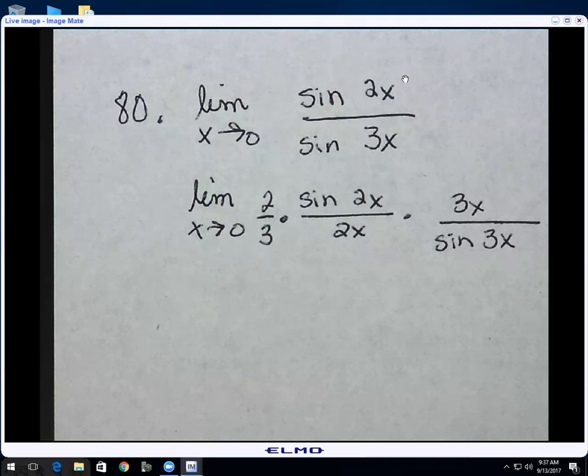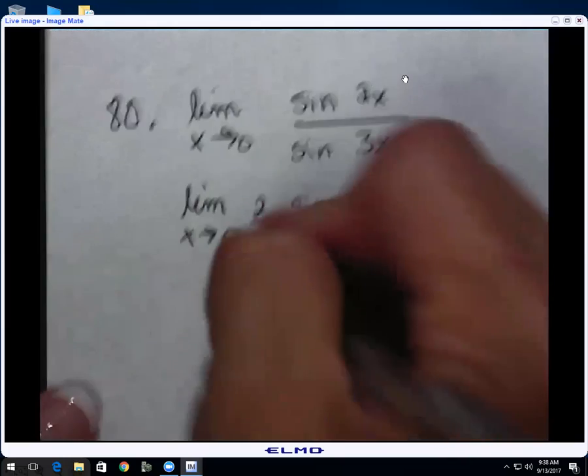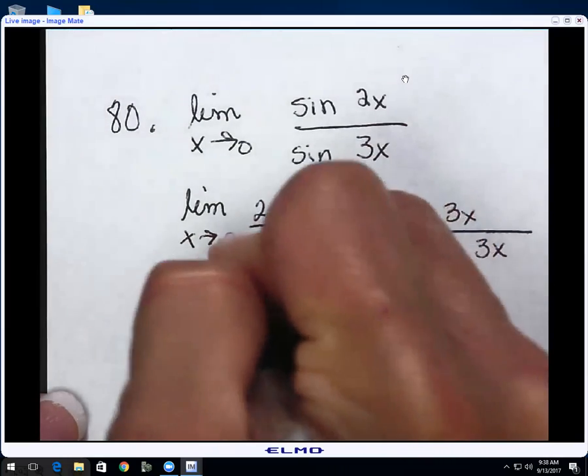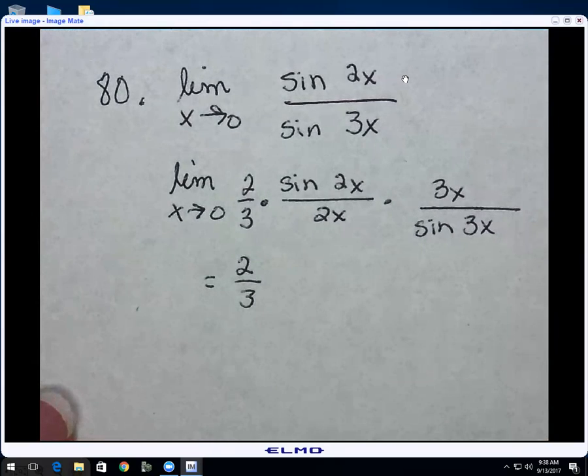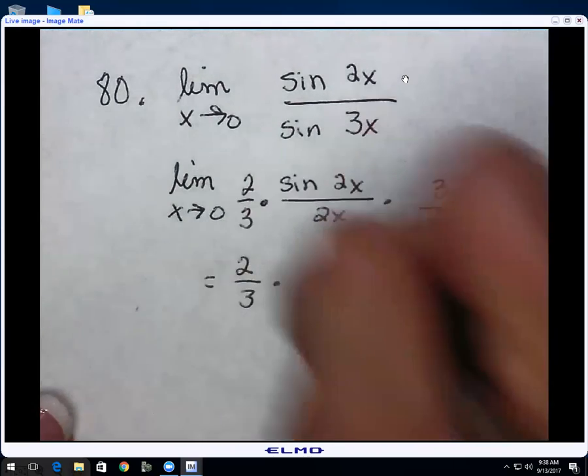Not only is it legal, it is helpful because now I have the limit of 3 factors. I can evaluate each one of those separately. I could say the limit as x approaches 0 of a constant is just the constant. The limit as x approaches 0 of sine of 2x over 2x is what?